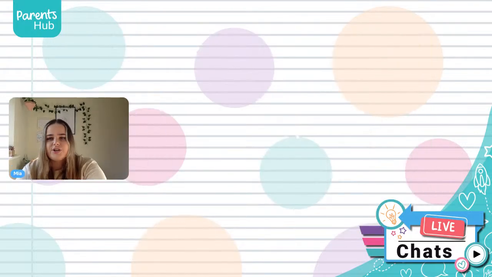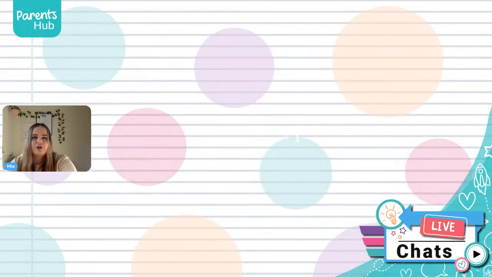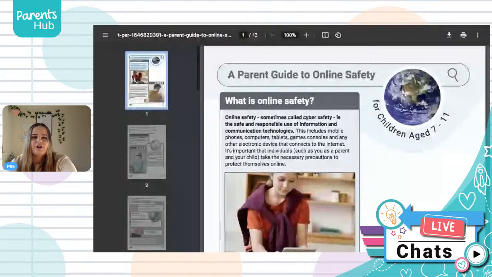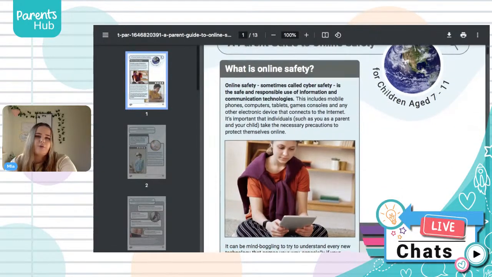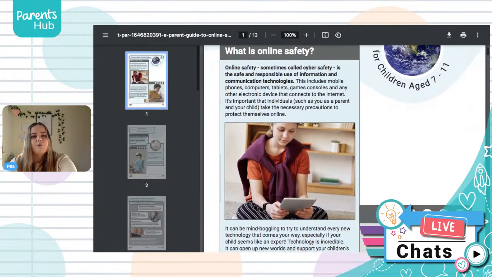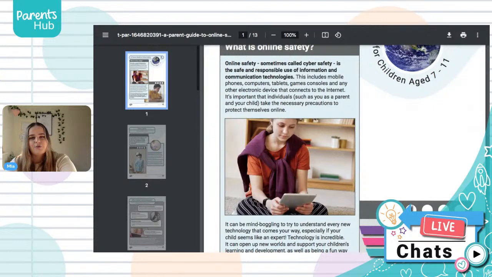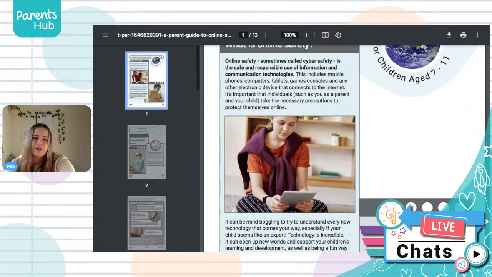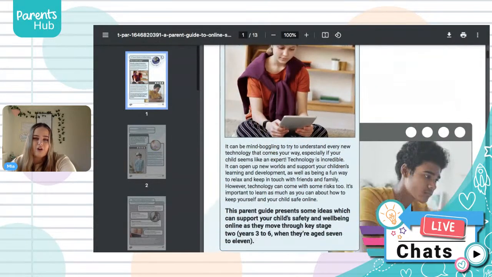If you would like to have a look at online safety in more detail with your child, we have a really useful resource, which I can share now, which is a Parent's Guide to Online Safety. This guide goes through everything that you might come across with your child if they're aged 7 to 11 with digital technology and online safety.